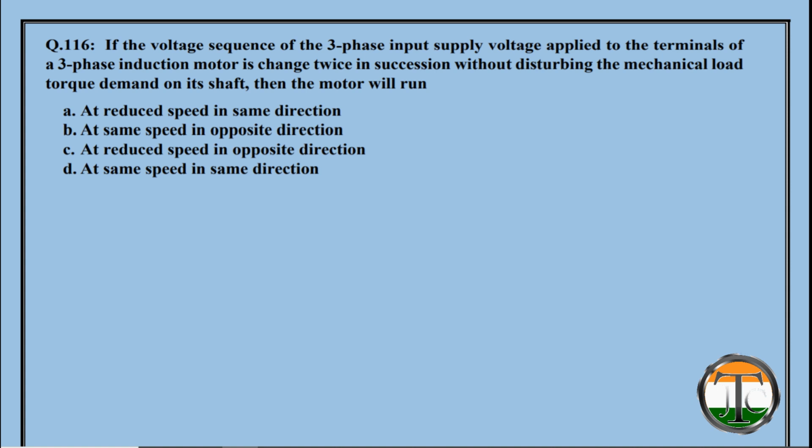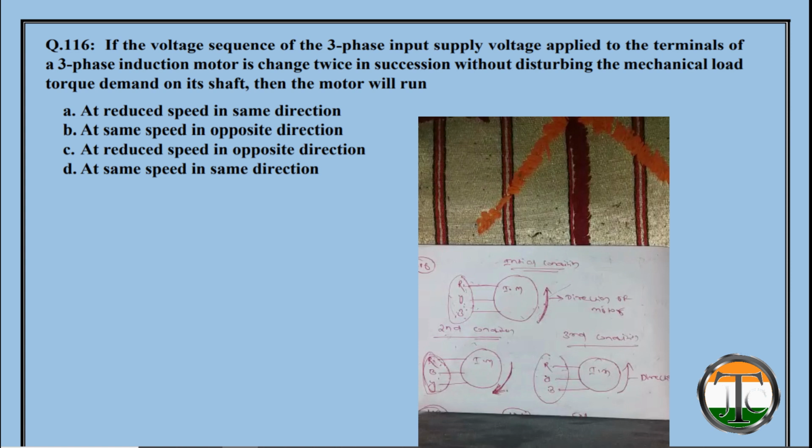So here in the question, a 3-phase induction motor is there and we give the 3-phase supply, that is RYB. Initially when you give the 3-phase supply sequence RYB, assume that the induction motor rotates in anti-clockwise direction. Then in the question it says that twice we change the phase sequence.